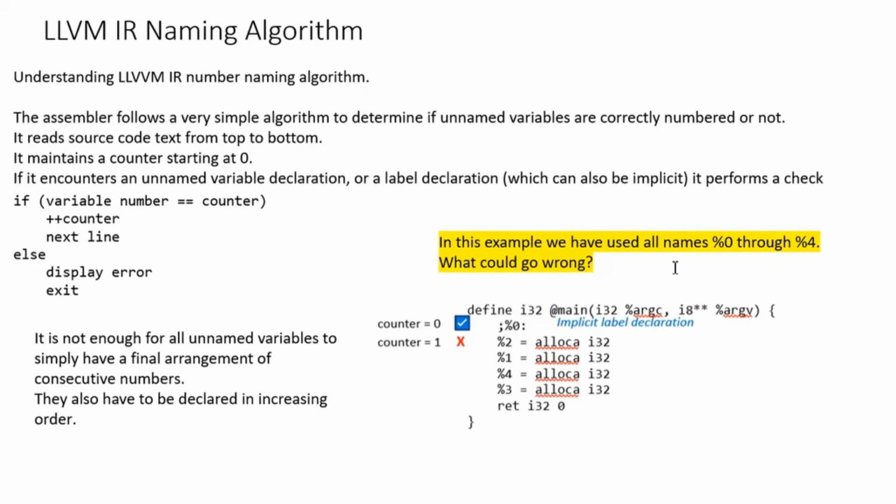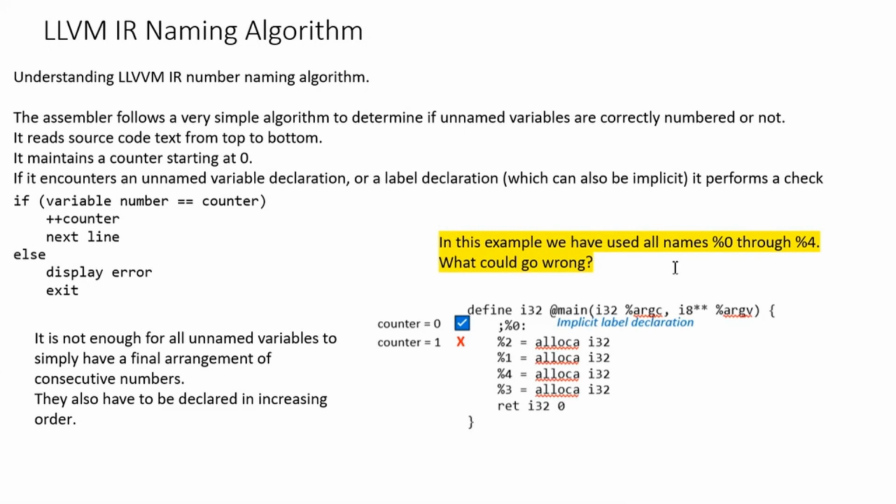The assembler follows a very simple algorithm to determine if unnamed variables are correctly numbered or not. It reads the source code text from top to bottom, maintaining a counter starting at 0. In each line, if the variable number is equal to the counter, it increments the counter and goes on to the next line.